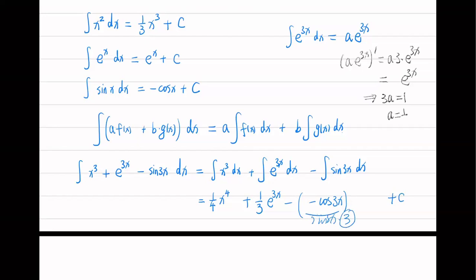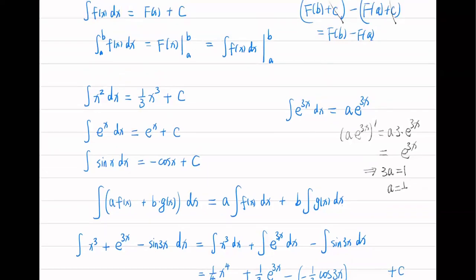Now see, technically, we will have a C for this one, another C for this one, a C for this one. Because these C are just integral constants.